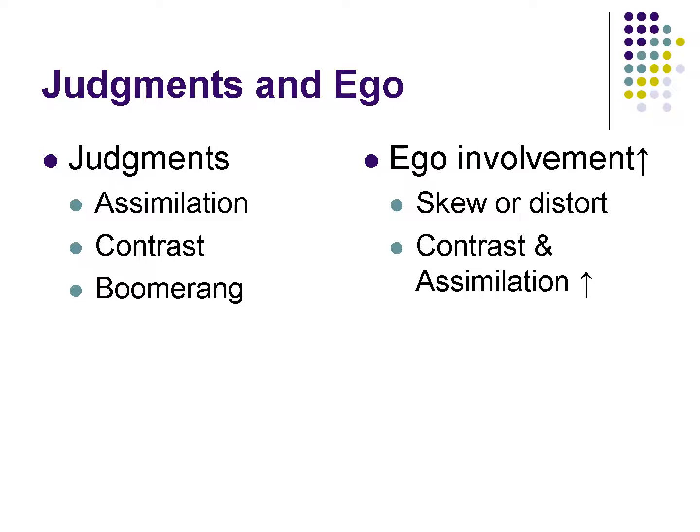That arrow going up, right? So as you're more ego involved, you're more likely to see other people as contrasting you or assimilating to you. It's sort of really either end. But the point is you're so ego involved that you have more polar responses to other messages. So these are the components, really the pieces. And in the next lecture, we're going to talk about how these pieces fit together and a little bit more about how people respond to messages.